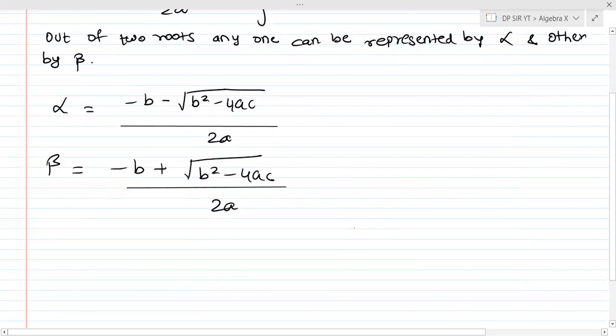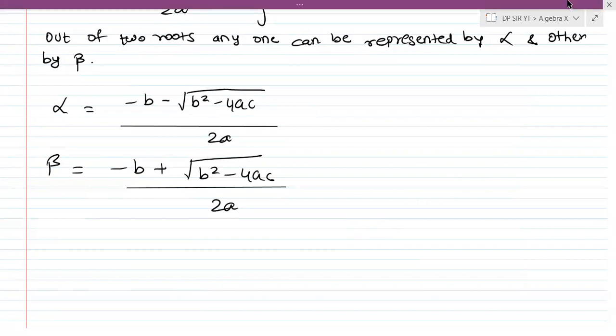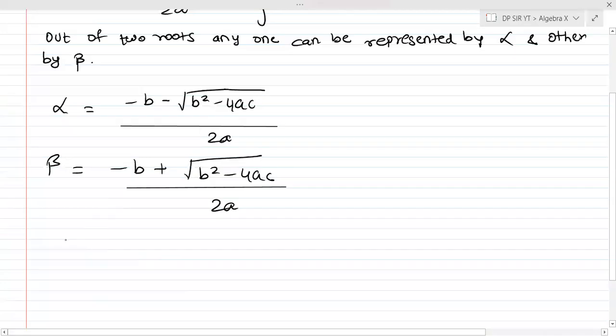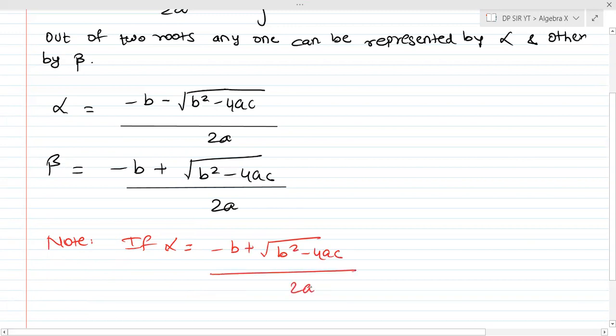I would always like to tell you one thing. Note that there is always some special case, or some remarks which one should remember. So note, if alpha is equal to minus b plus, अभी इधर हम लोग ने माइनस बोला था, अभी इधर सपोज प्लस आ गया, so minus b plus root of b square minus 4ac upon 2a, then you should know one thing कि अल्फा का वैल्यू ज्यादा है बीटा से, ठीक है.